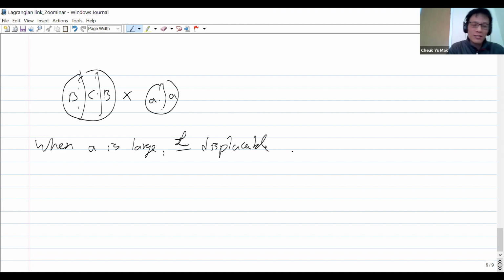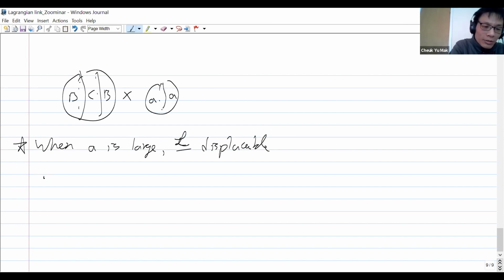So it means that the area of the second factor somehow will affect the Floer theory of the symmetric product. And the reason is as follows.